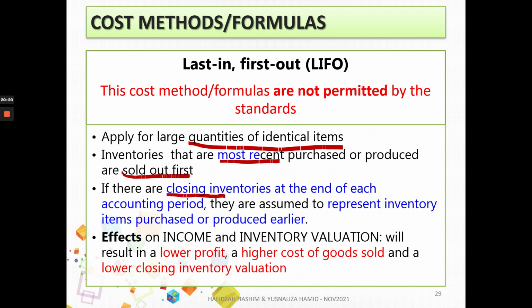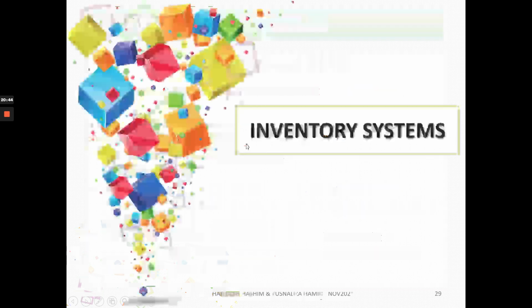The closing inventories at the end of the accounting period would then represent the items purchased or produced earlier. The effect on income and inventory is the reverse of the FIFO method: a lower profit, higher cost of goods sold, and a lower closing inventory valuation.